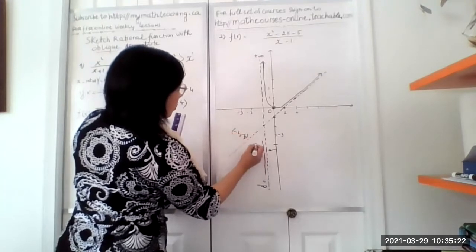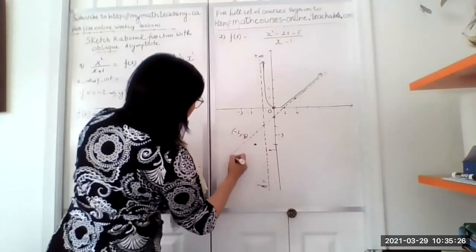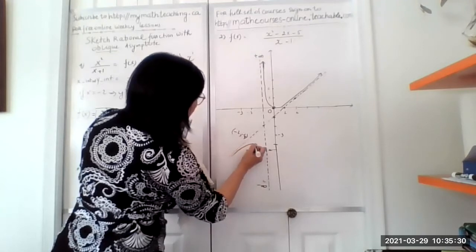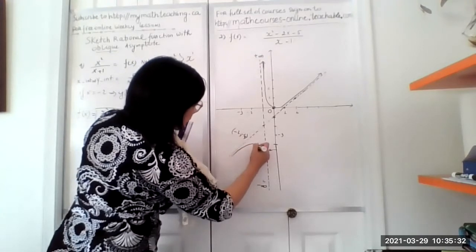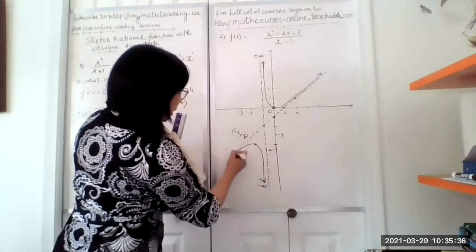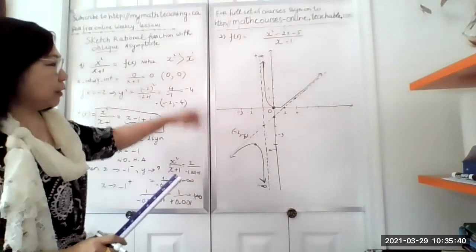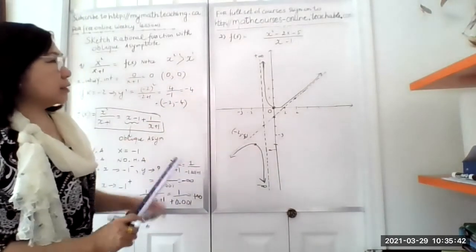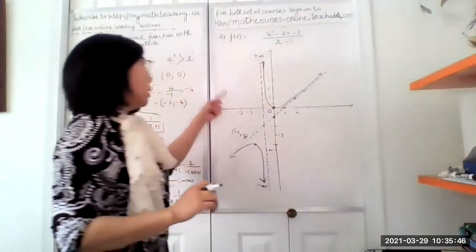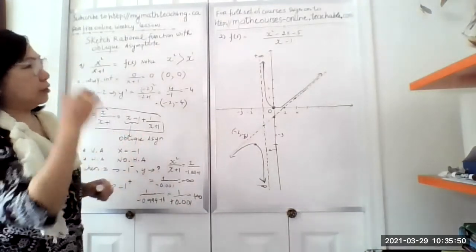So now I'm going to sketch this function, go through this point, and slightly shape along with the oblique asymptote and the vertical asymptote. And that's how it is. If you put it in the graphing calculator, you will see exactly the shape looks like this. So that's how we sketch the first rational function.